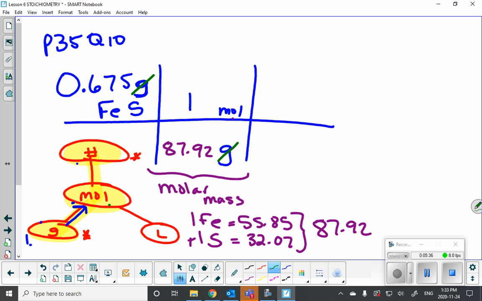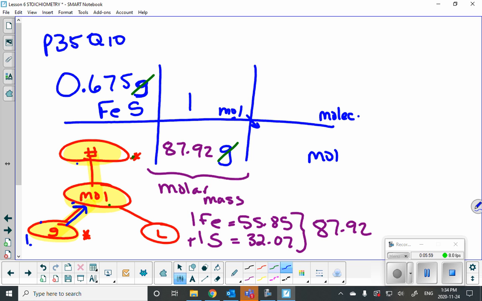I'm still not done because the question said get to the number of particles. So again, I need to get rid of the word moles. And whatever number's on the top goes down here so I can cancel it. So I write the word moles there. I'm trying to find the number of molecules of iron sulfide. I want to find how many particles there are.